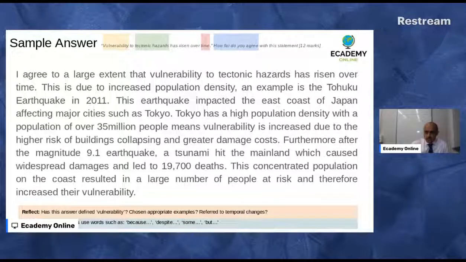Okay, so it didn't really acknowledge the temporal aspect of the question. Okay, simply described an event showing good depth of knowledge, but not much else. Interesting. Okay, let's have a couple more people make their suggestions. Could you give an example potentially?